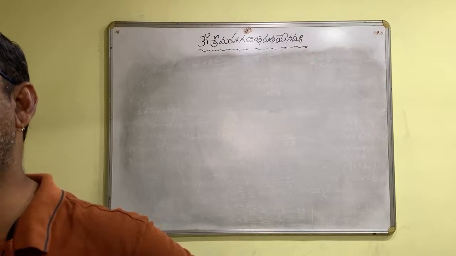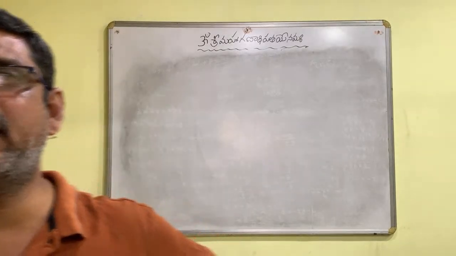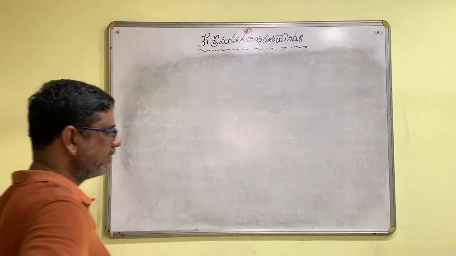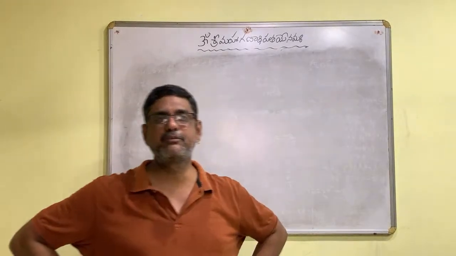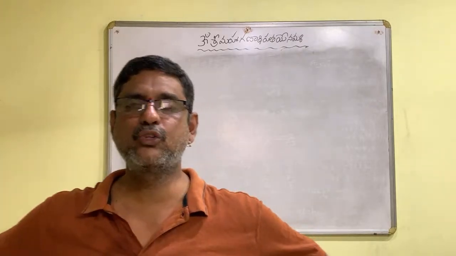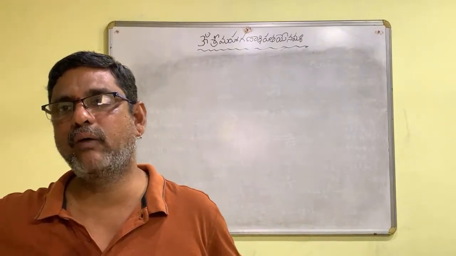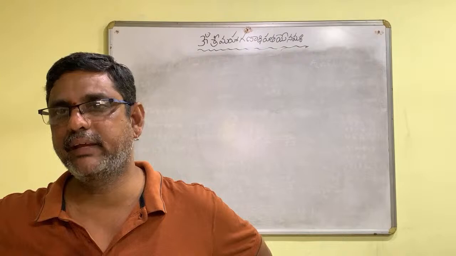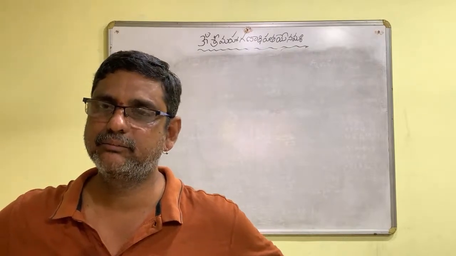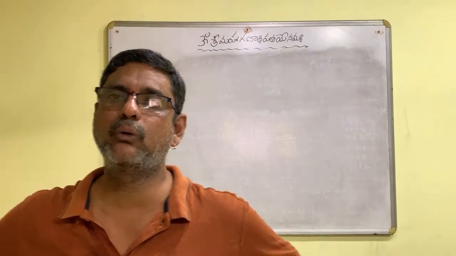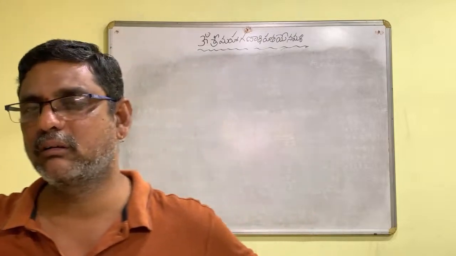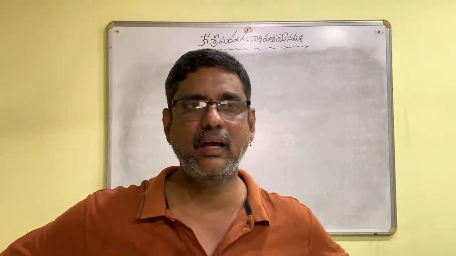Yes, 1 and 3. In quadrant 1 and quadrant 3, we can observe points whose x coordinate and y coordinate are both equal. In the first quadrant we have points like 1, 1, 2, 2, 3, 3, 4, 4, 10, 10, 100, 100.